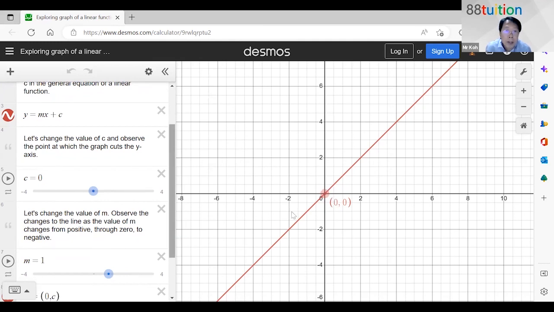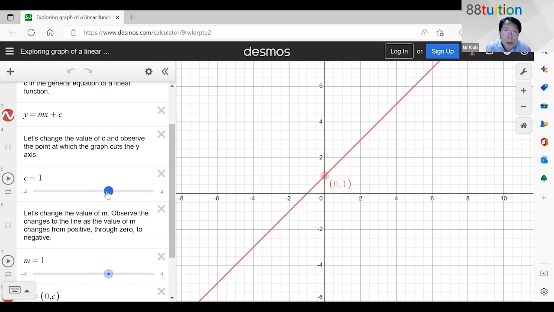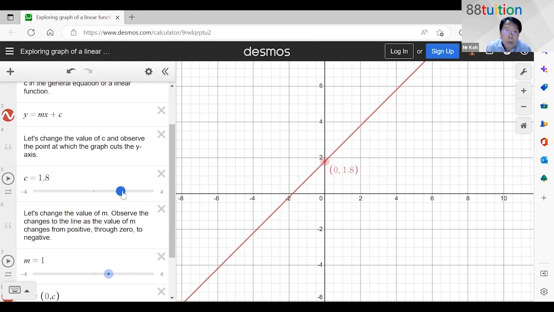So what happens when c is 0? The line passes through 0. So I'm going to slowly shift it and you're going to see what happens. I shift it to 1. The line will pass through the point y equals 1. Then I move it to 2, and it passes through 2 as well.